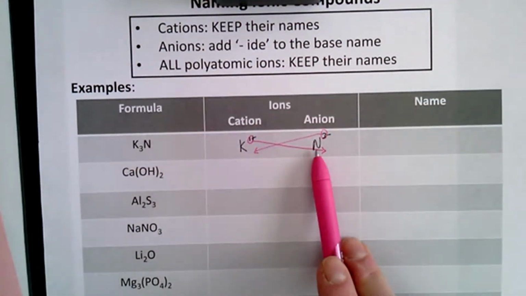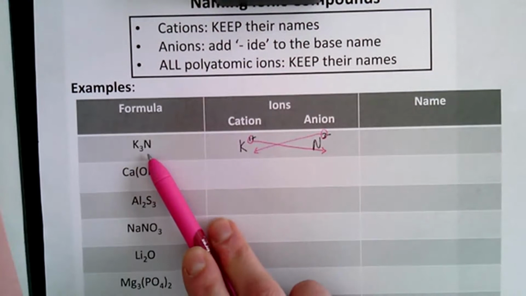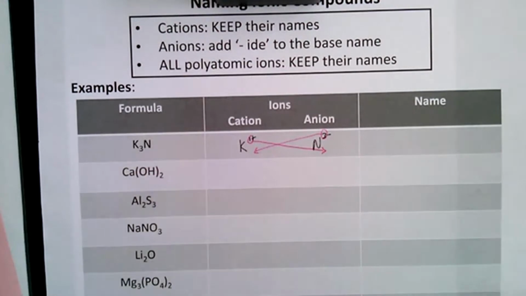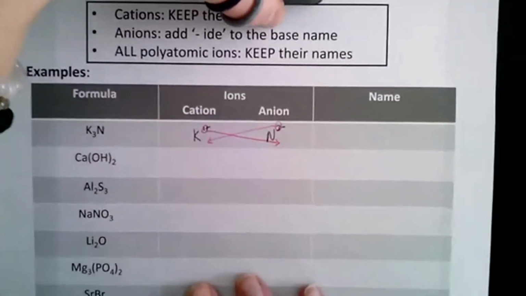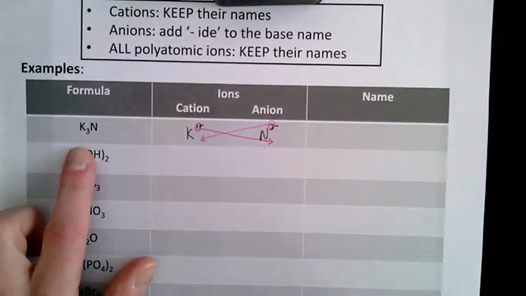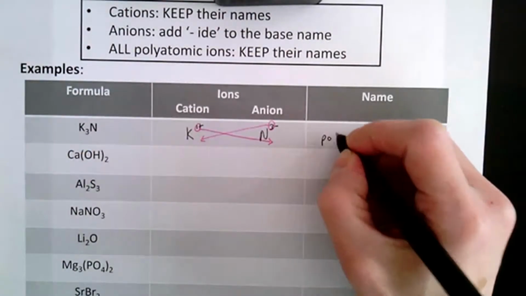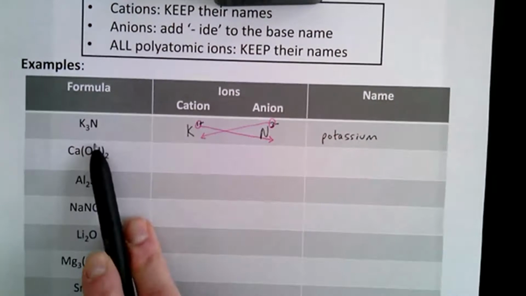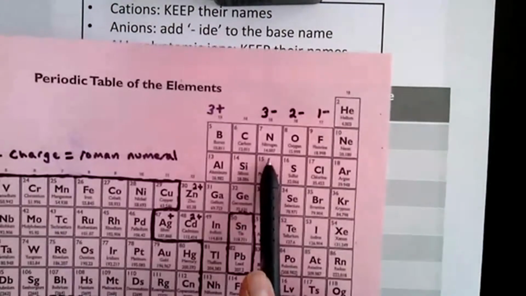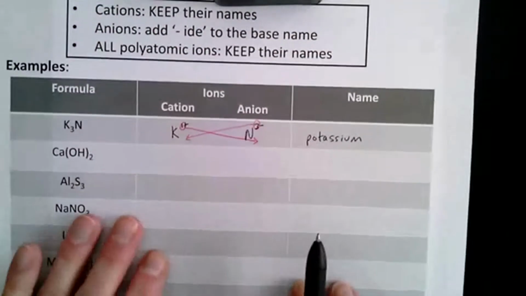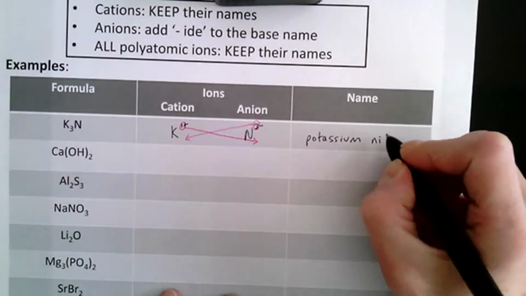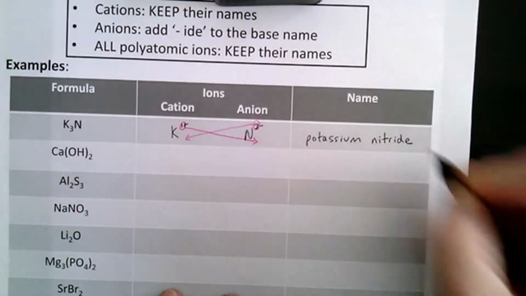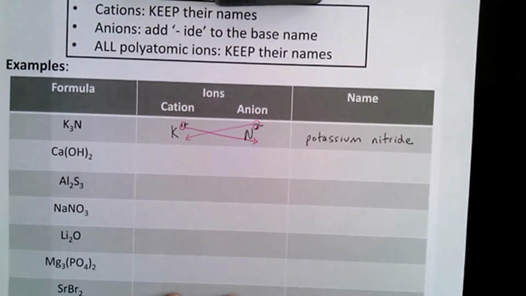I just wanted to show you that this is the correct formula for this compound. Naming it then is very straightforward. You're just going to say it's potassium. Cation keeps its name. And because it's nitrogen from the periodic table, you're going to call this potassium nitride. And that's it. Put the two names together.